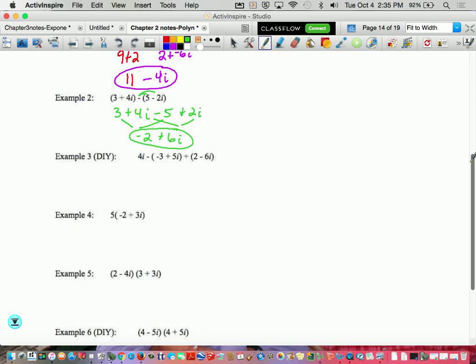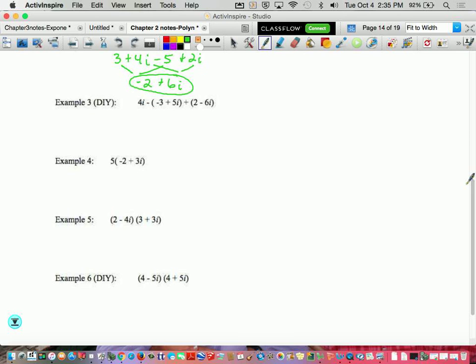Again, the next one's a DIY, so do it yourself. I would pause the video right now, and then come back and look at the answer. If you were to add these together, again, I might distribute the negative sign through there, so you'd have 4i plus 3 minus 5i, and then there's nothing in front of the parentheses, so it's just plus 2 minus 6i.